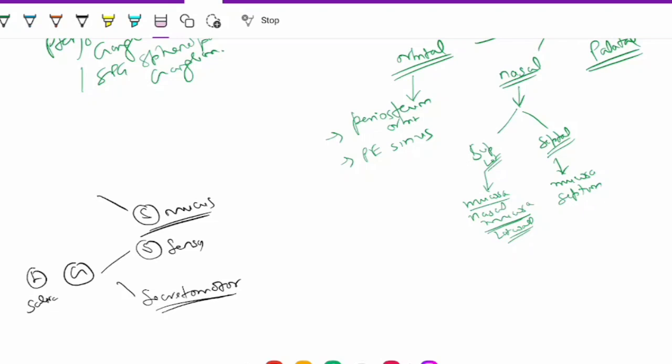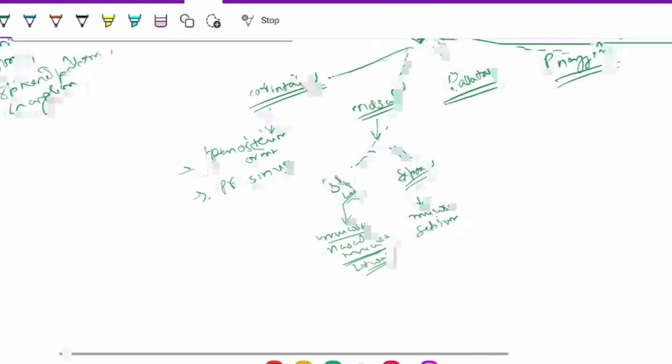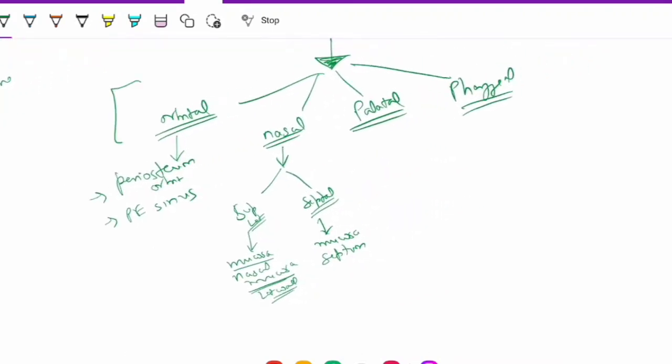Now, listen to this very carefully. Ophthalmic is responsible for sensations over here, but what the maxilla is doing right now is not only sensory, plus it is secretory function also.